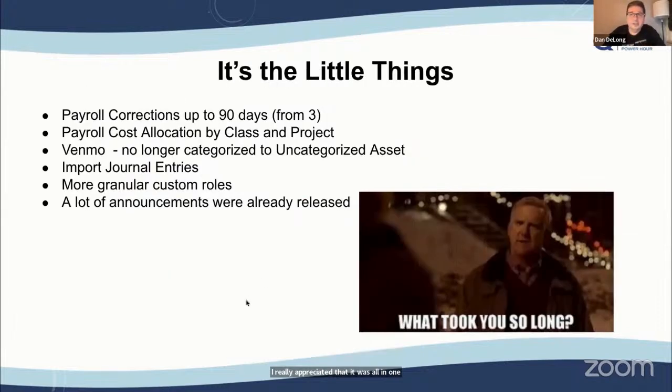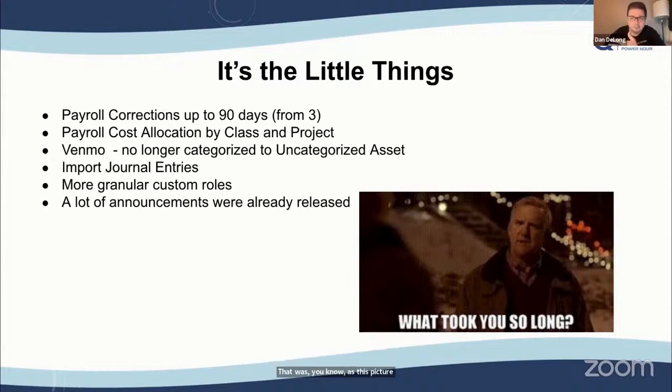But the biggest thing that I thought was very telling of this whole conference is that the biggest applause, the biggest reaction from the crowd, was for the little tiny things, as this picture illustrates.